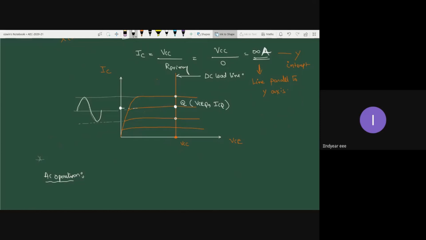In the AC operation, what we can do is take RMS values.